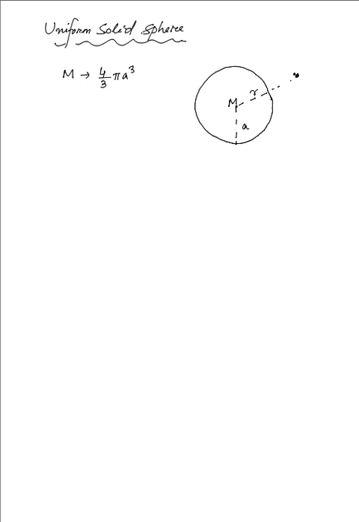However, let's see whether our consideration is correct or not. Well, we will just integrate this. In order that we integrate this, we need to have an elementary volume. So let us consider an elementary volume.